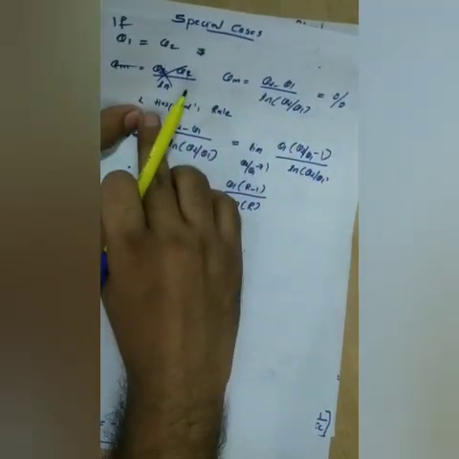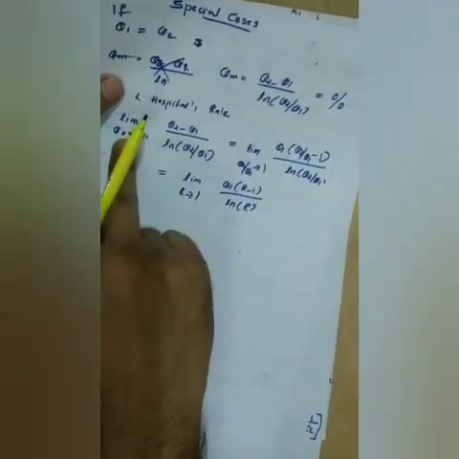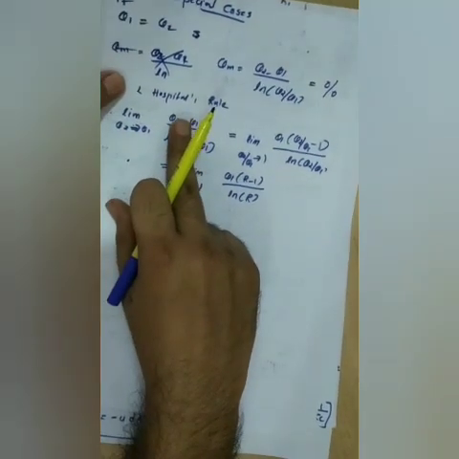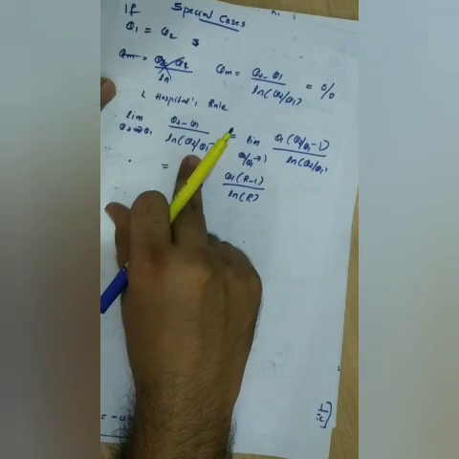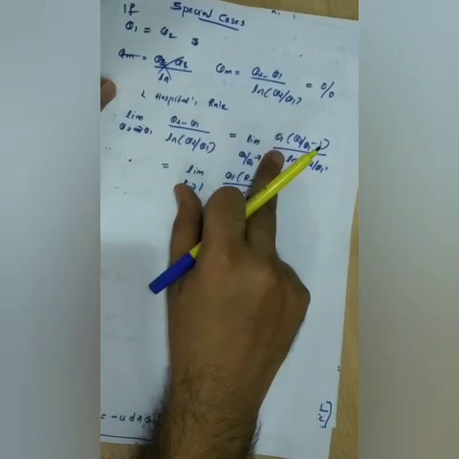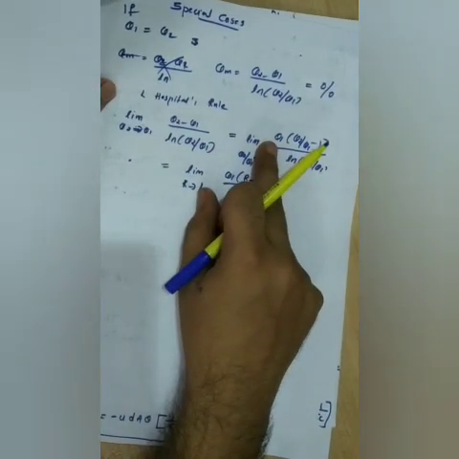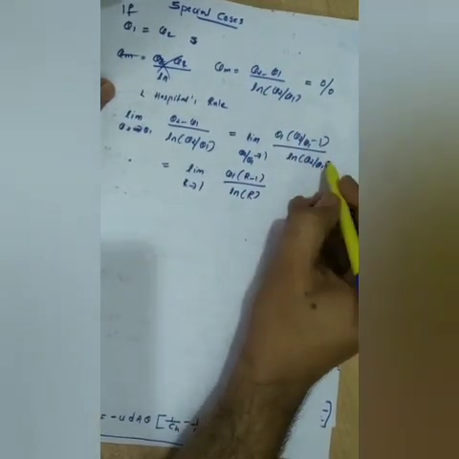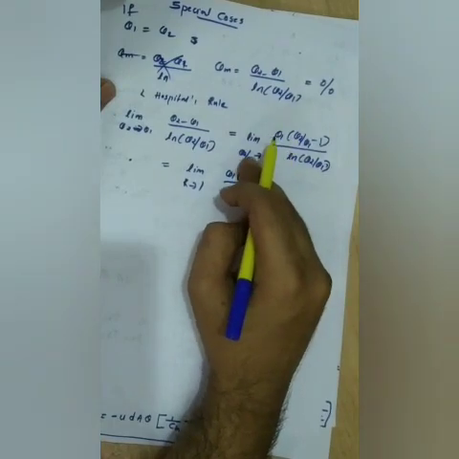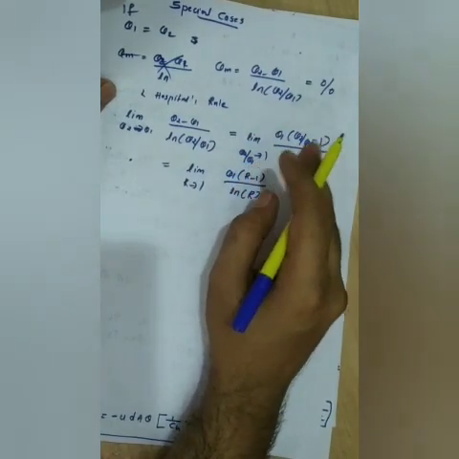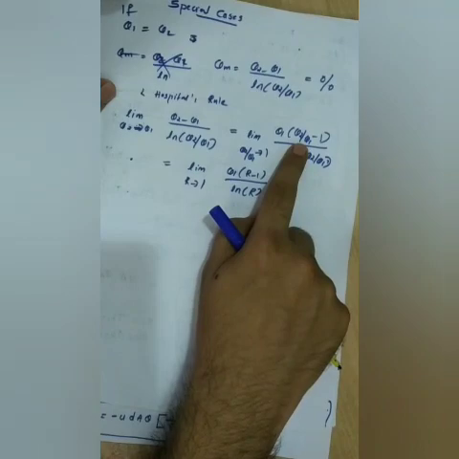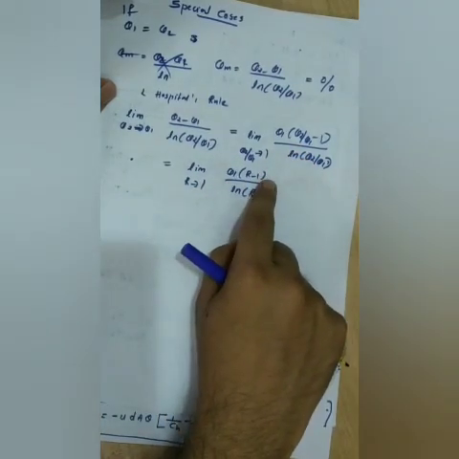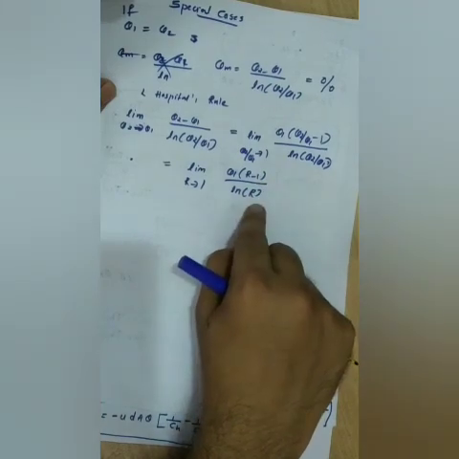So for that we will apply L'Hospital's rule, and I can write limit theta 2 tends to theta 1 of theta 2 minus theta 1 by log theta 2 by theta 1. So I'm taking theta 1 outside: theta 1 into theta 2 by theta 1 minus 1 divided by log theta 2 by theta 1. Applying the limit theta 2 by theta 1 tends to 1, and substituting theta 2 by theta 1 as r, limit r tends to 1, theta 1 times r minus 1 by log r.